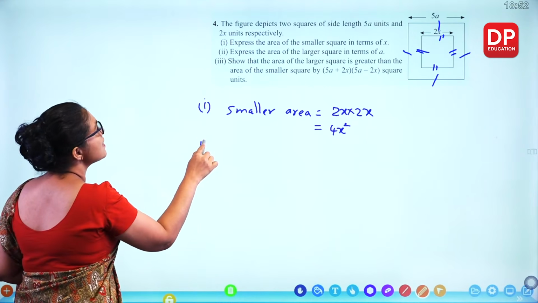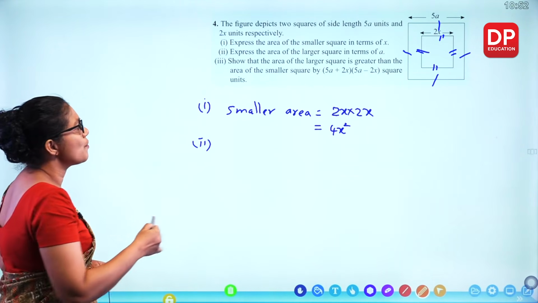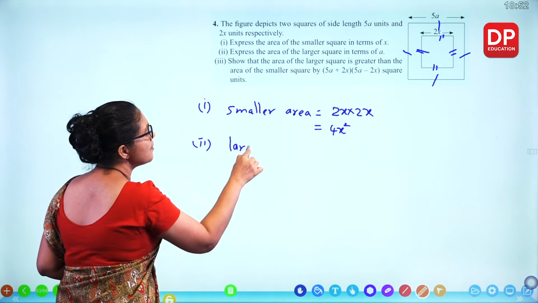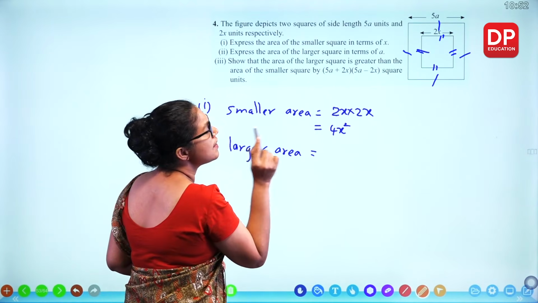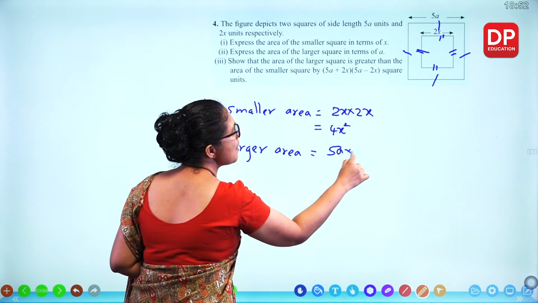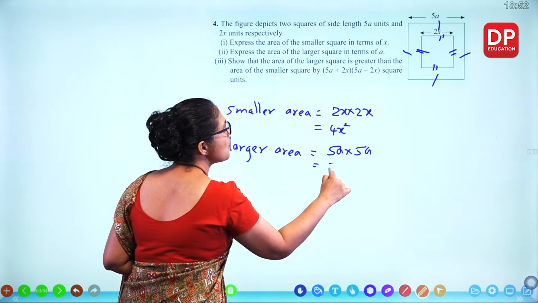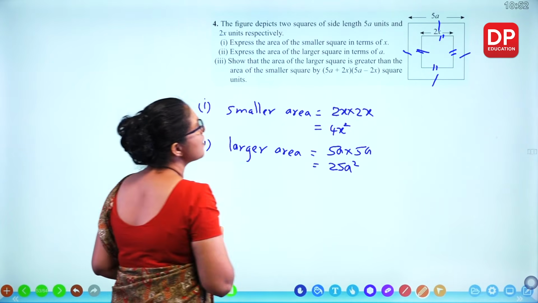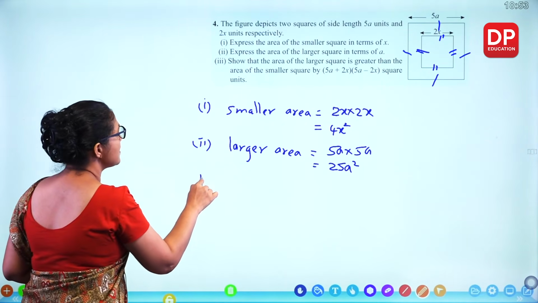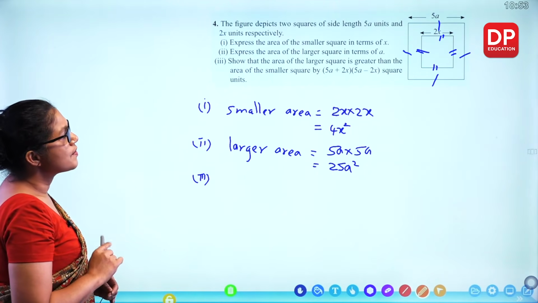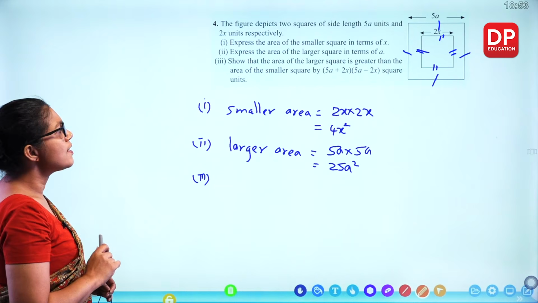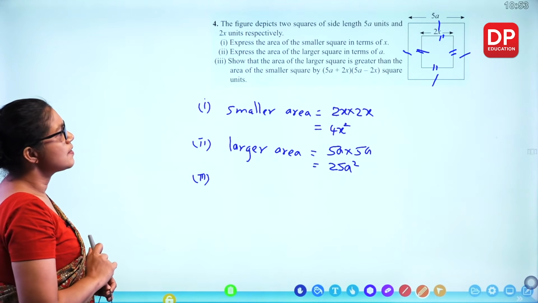Then the second part it says express the area of the larger one. So what's larger area? Larger area is, the length is 5a, so 5a times 5a, you get 25a squared. And the third part it says show that the area of the larger square is greater than the area of the smaller square by this much.